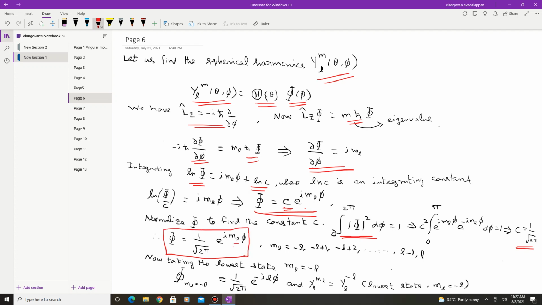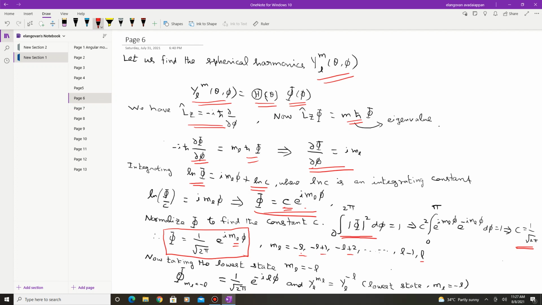Now here this m l value can take all the possible values from minus L to plus L. You have L, then m l will be minus L plus 1, minus L plus 2, and so on up to plus L. So what is the lowest state?